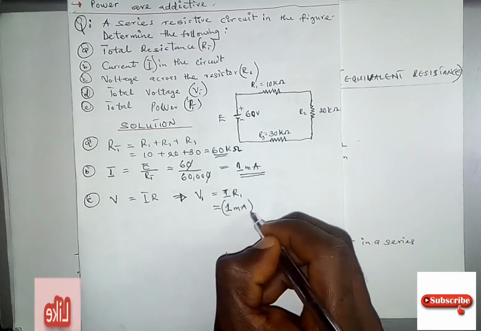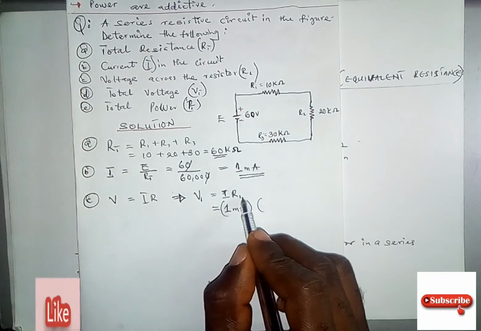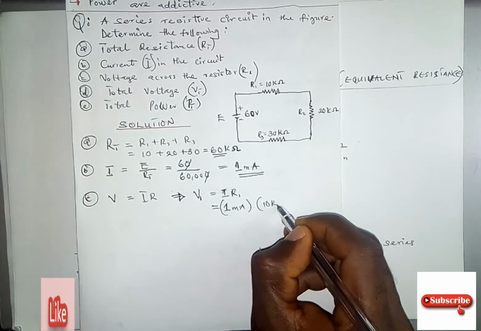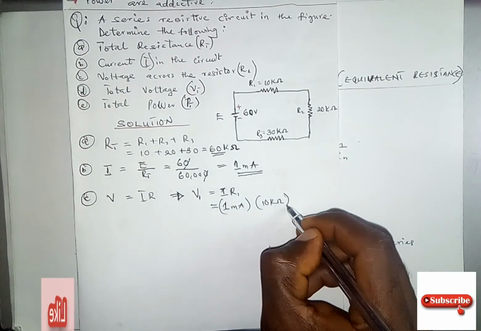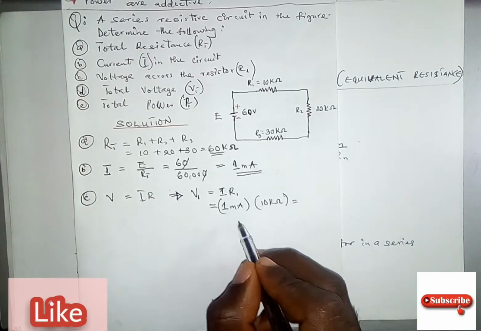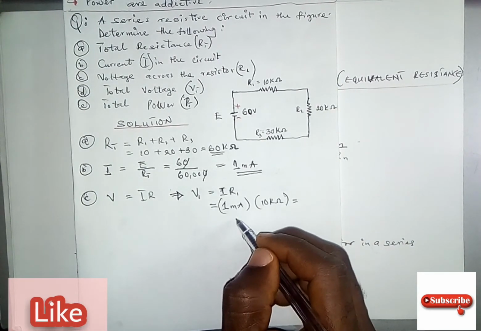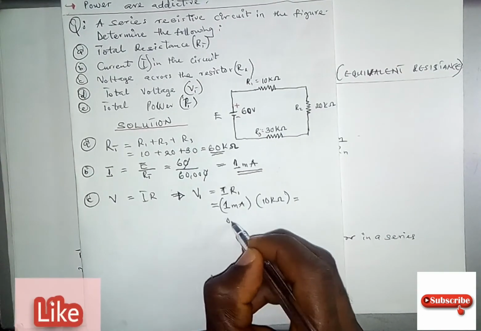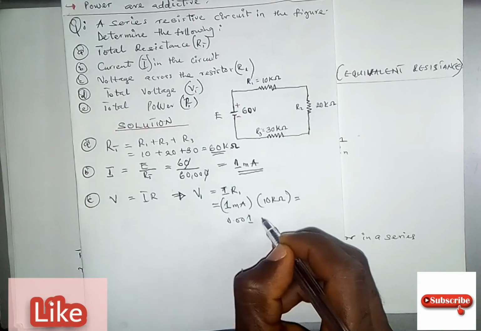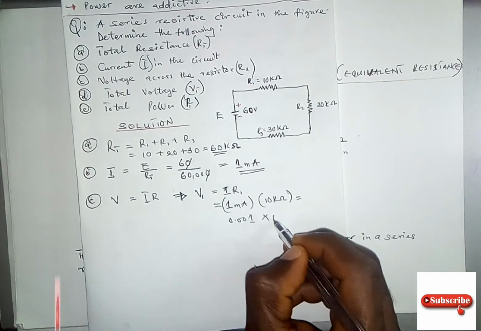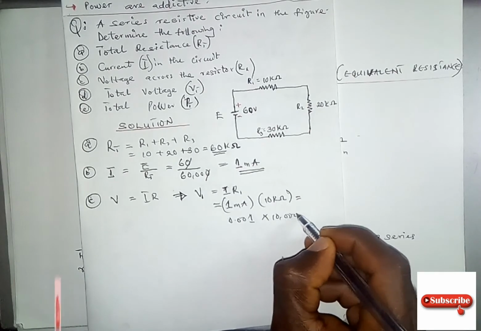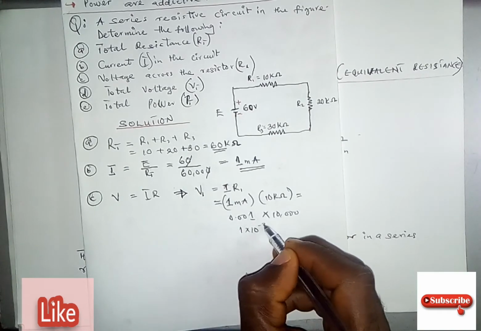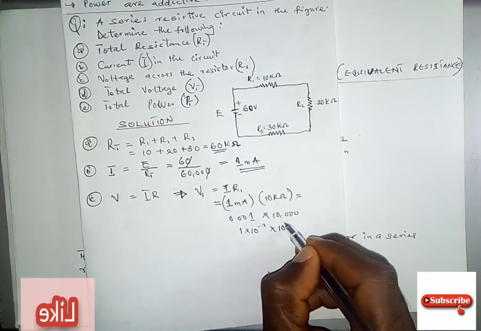So multiply by our R1, which is equivalent to 10 kilo ohm. If you punch your calculator, it's 0.001 times 10,000, which is the same thing as 1 times 10 raised to power minus 3, times 10 raised to power 4.